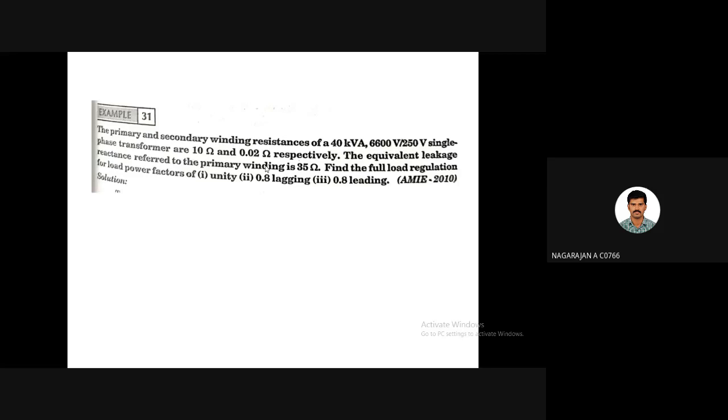Likewise, what we did in the last problem, the values of R1, R2 were given, we calculated R01. In the same manner, you have to find out R01 out of these two values. To find out K value, use the voltage ratio 6600 and 250. So you will get K value from here, R1, R2 here, so you will get R01 easily. So putting that in this equation, you will get the voltage regulation of the transformer.